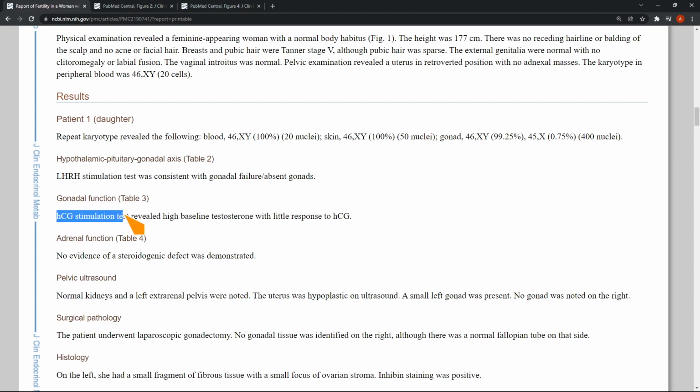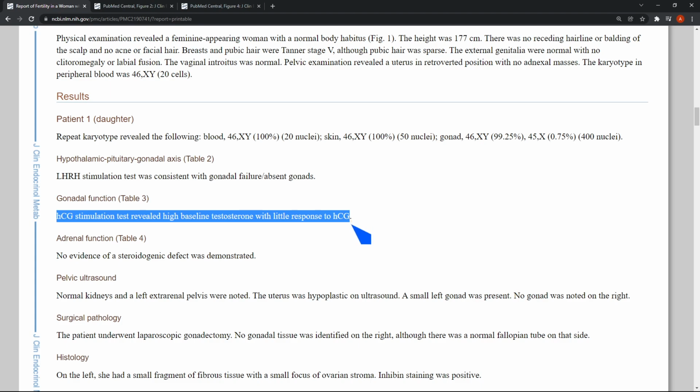HCG test. So this is the stimulation test normally used to see testes function. It revealed high baseline testosterone with little response to HCG. Now, in boys that are usually given this HCG stimulation test, what HCG stimulates is the production of testosterone, and so you'd see like a big spike in the level of testosterone over the 2 to 3 days.